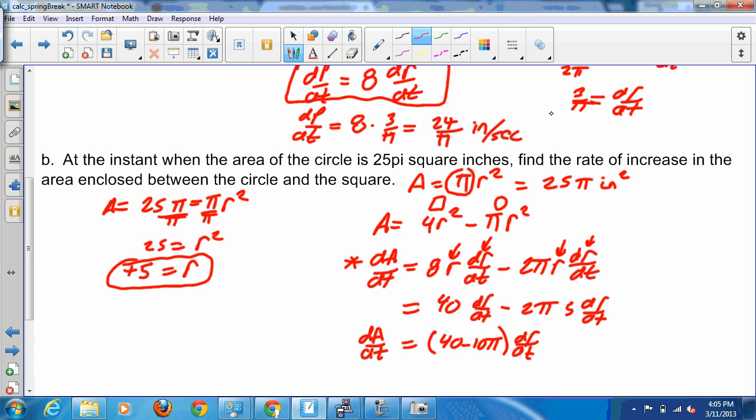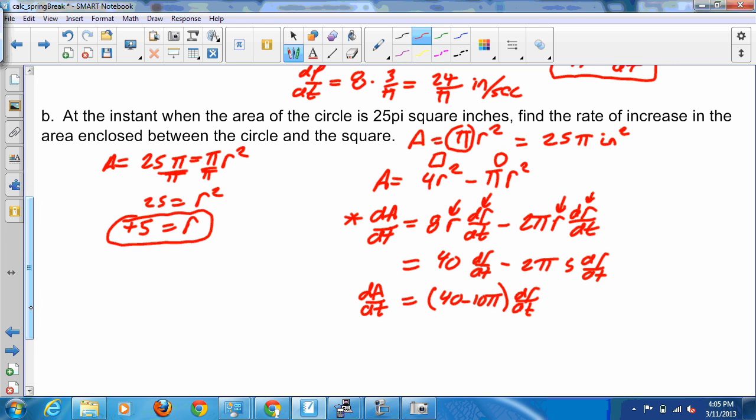Well, if you recall in part A, and we can still see it right here, since the circumference is always increasing at a constant rate, we used it to find that dr/dt is equal to 3 over pi. So we do have that value available for us. So we have 40 minus 10 pi times 3 over pi, and that would give us the change of this area.